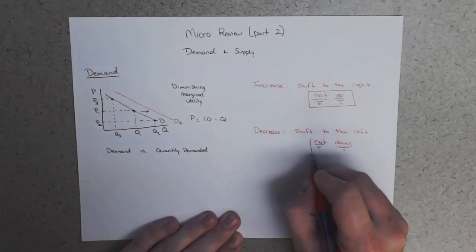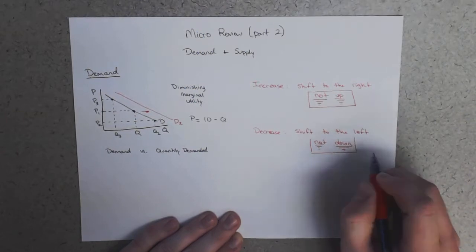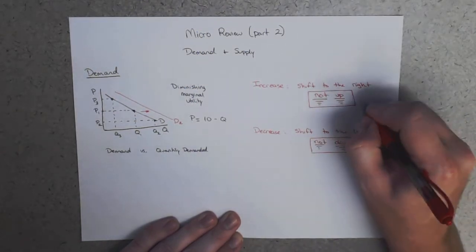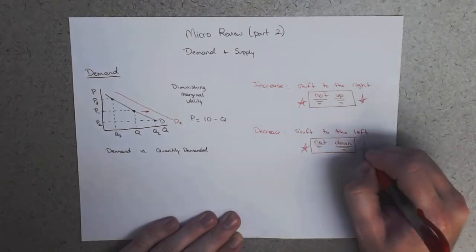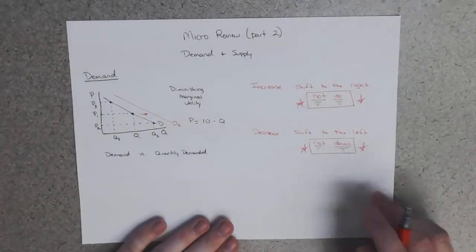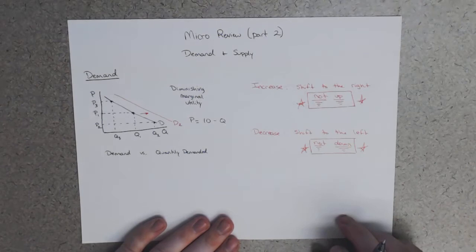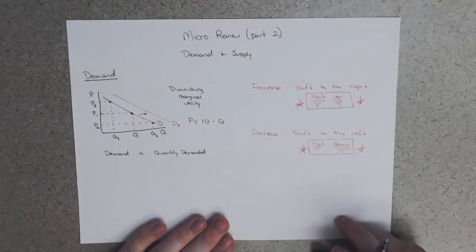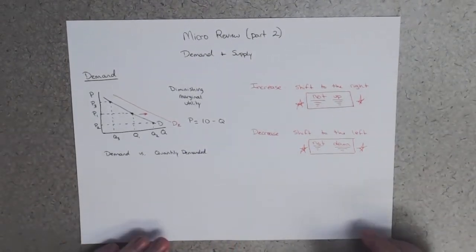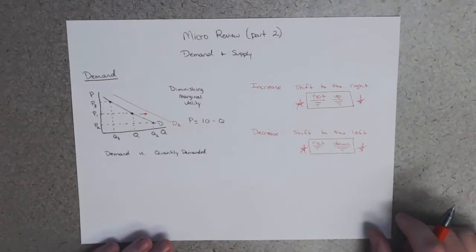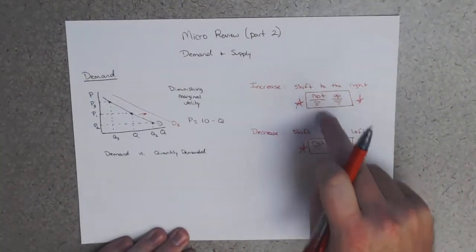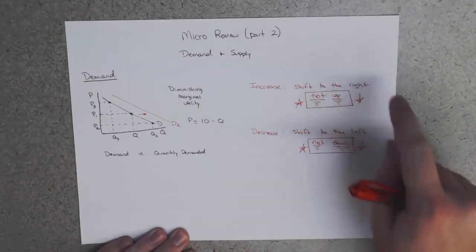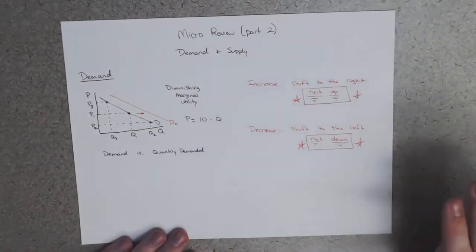It's even going in a box. In fact, I'm going to put stars next to it. This is how important this is. I know I'm drawing your attention to it. You should never do this. That said, I fully expect that at least one of you is going to make this mistake this semester. So please don't be that person. Get these two things right. Okay? It's going right and left, not up, not down.